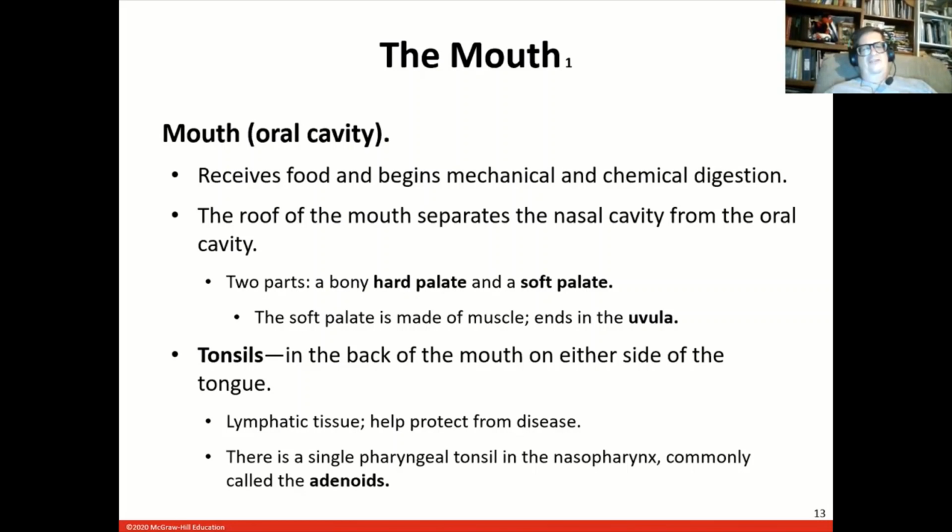If a little bit of food or liquid passes in there when you're swallowing, that lets the white blood cells take a look at what you're bringing in and see if it's something to freak out about or not.